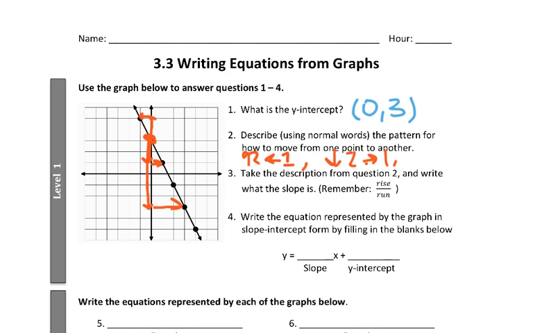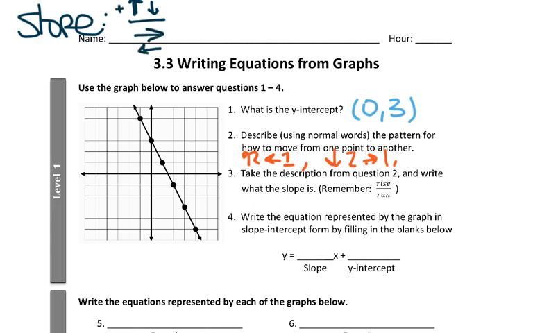That's fine too. Any of those answers would work as long as you're actually writing things out and not using arrows like I did. Now we need to take this description in 2 and write what the slope is. So we need to remember that a slope will always be your change in y. So remember, y's are always up and down, divided by your change in x. And our change in y, if it goes up, is positive. If it goes down, is negative. If it goes to the right, it's positive. If it goes to the left, it's negative.